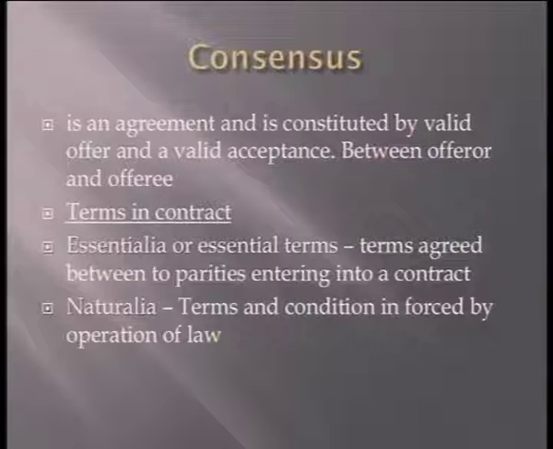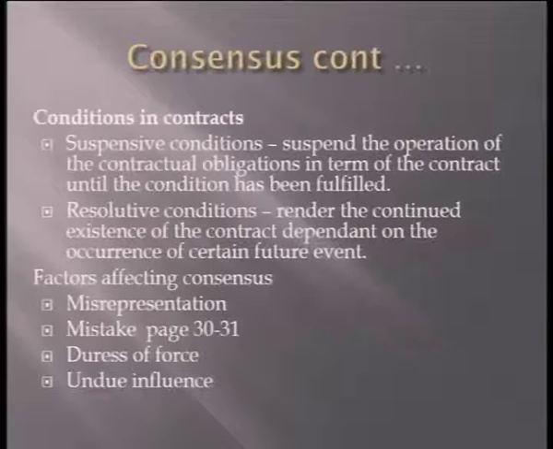These are a natural part of the contract. If I'm buying a car from a garage and the car has defects, I will return the car. It is an automatic part of the contract.